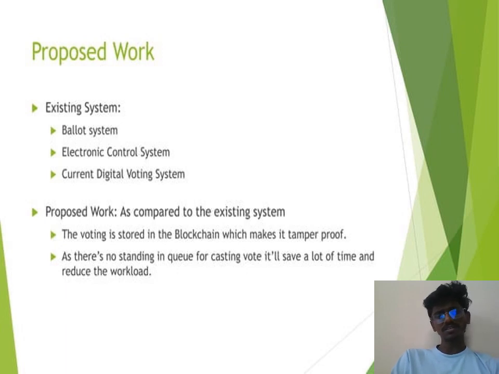These are the existing systems. In this proposed work, the vote is stored in the blockchain, which makes it tamper-proof. As there is no standing in a queue for casting a vote, it will save a lot of time and reduce the workload. This is the proposed work in this presentation.